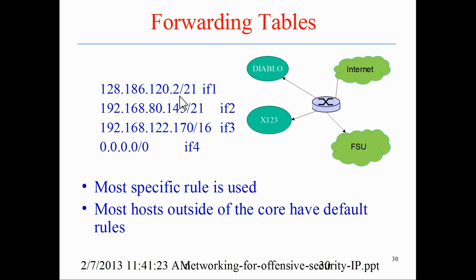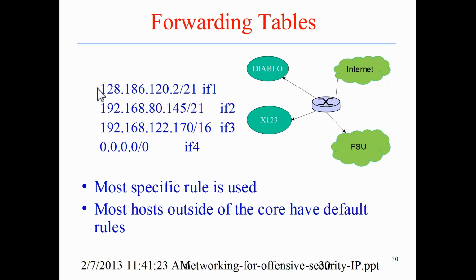Essentially, forwarding tables have an IP address and some sort of mask of the upper number of bits to match to send to the resulting interface. So 0.0.0.0 indicates the default rule. Any packets coming into this router that don't match the three above forwarding rules will be routed out to interface 4, which for instance could be out to the internet.